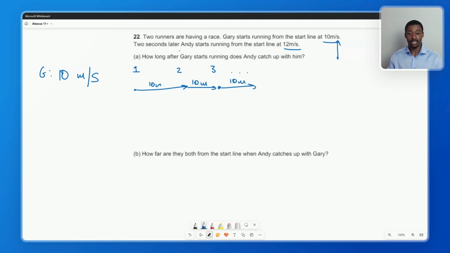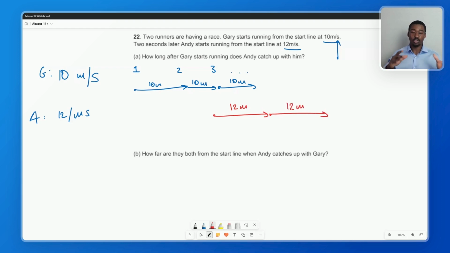And then 2 seconds later, we're told Andy starts running from the line at 12 meters per second. So for Andy, every single second, we'll put it in red, every single second, Andy's running 12 meters. Another 12 meters. So how do we use this information to work this question out?